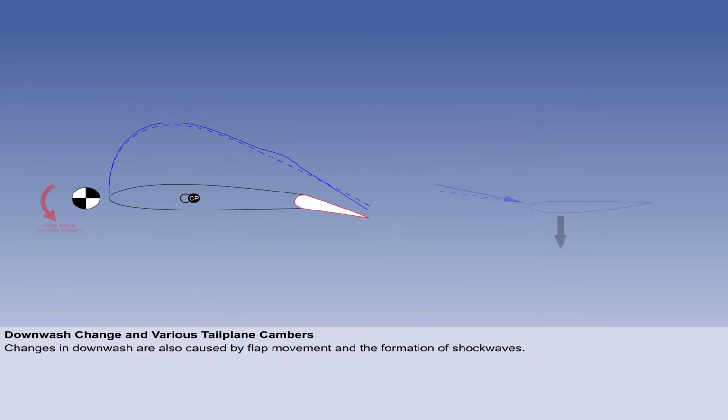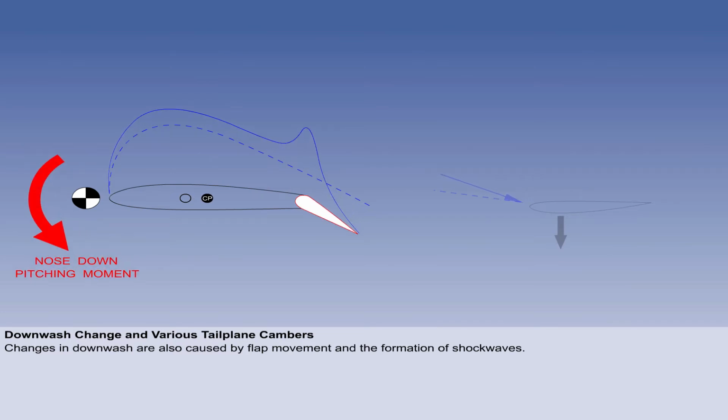Ground effect is not the only cause of changes in downwash. Flap movement and the formation of shock waves at transonic speeds will also alter the airflow, so appreciation of these phenomena is an important factor in a full understanding of the principles of flight.